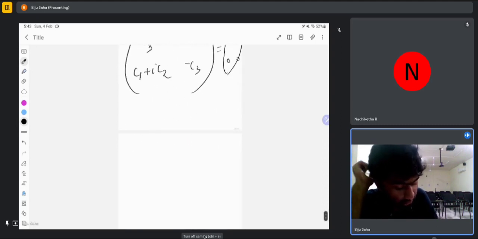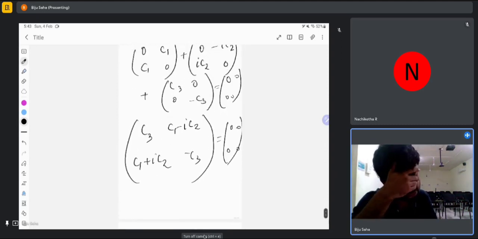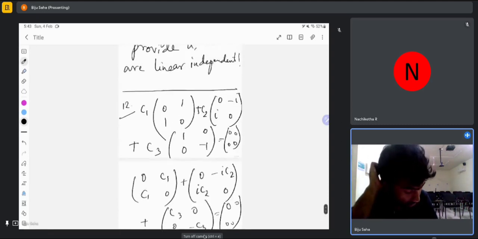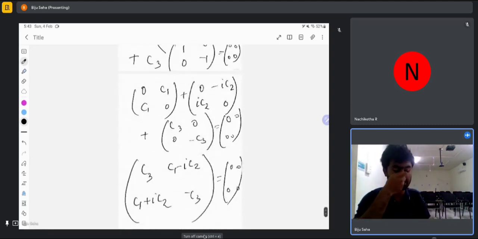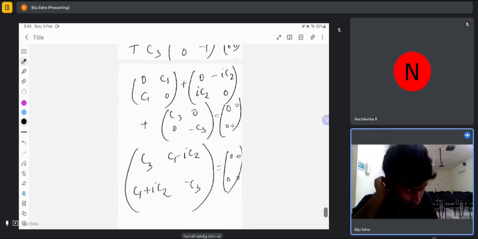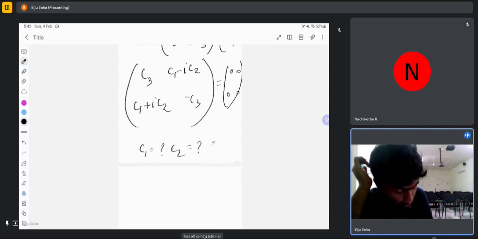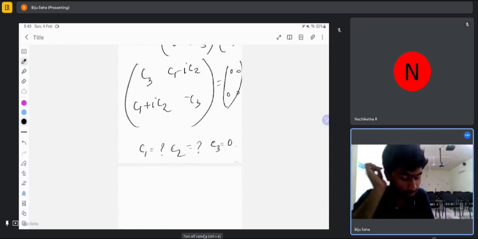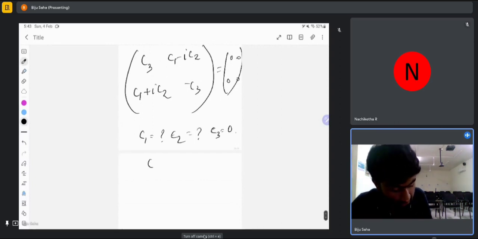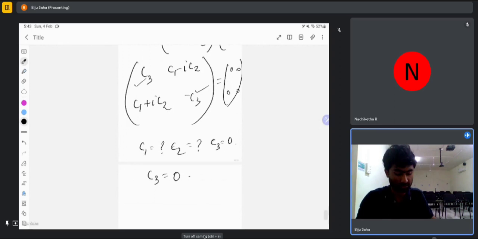So if they are linearly independent, then I should have c1, c2, c3 all equal to 0. And if they are not linearly independent, then at least one of them has to be non-zero. So let's see what is the value of c1, c2 and c3. From the equality of matrices, from this element we have c3 equal to 0, that is for sure.